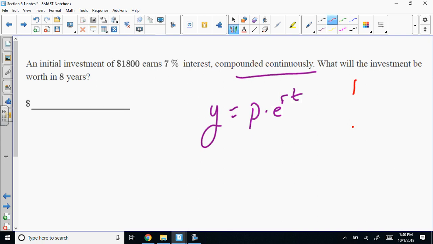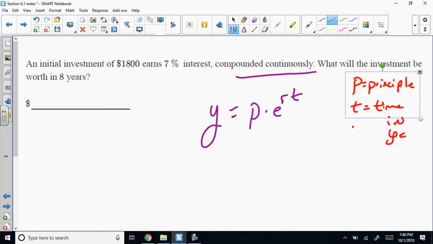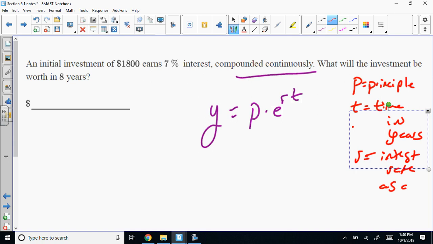So we've got a P as a principal, right? T is time in years. R is interest rate as a decimal, right? So that's what you got to make sure you understand. So I'm going to change that to an A. A, P, R, and T. A is what you have afterwards.